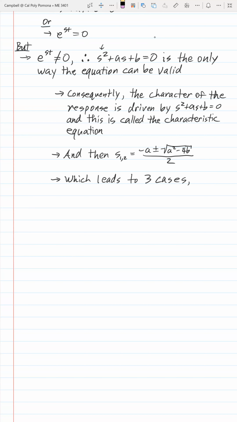Now, this leads to 3 cases, so let's figure out how we can identify the fact that we have 3 cases. It's determined by the discriminant.